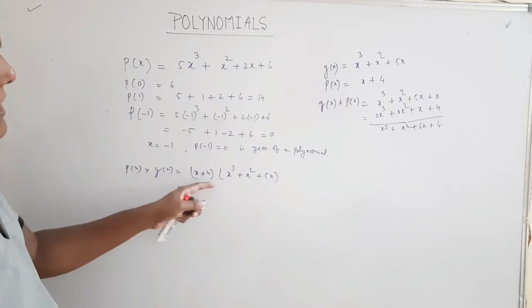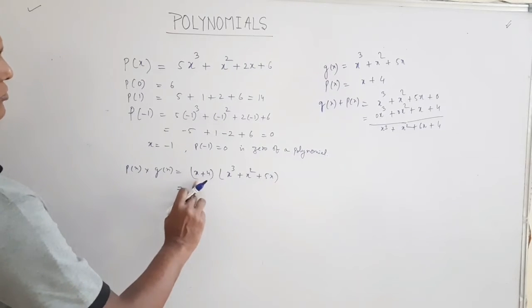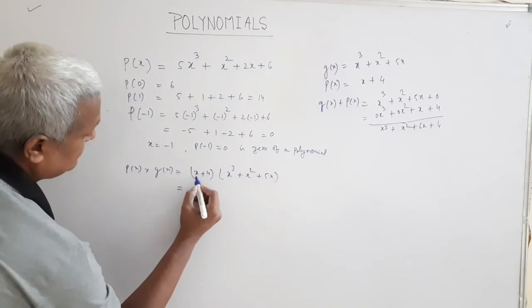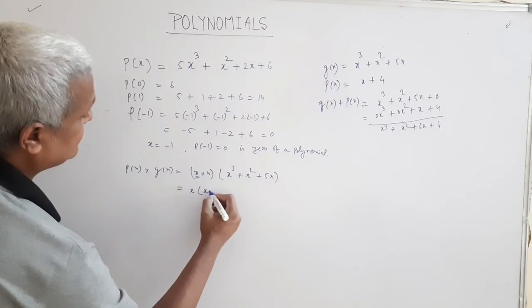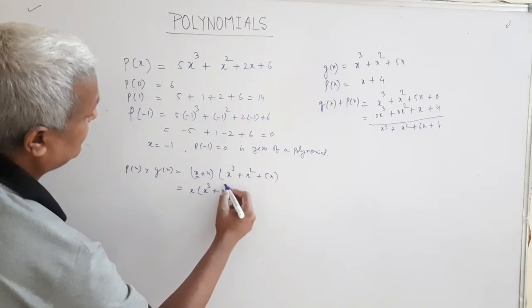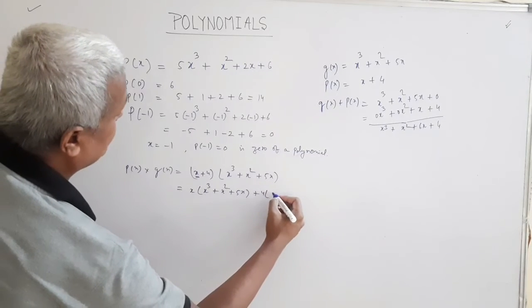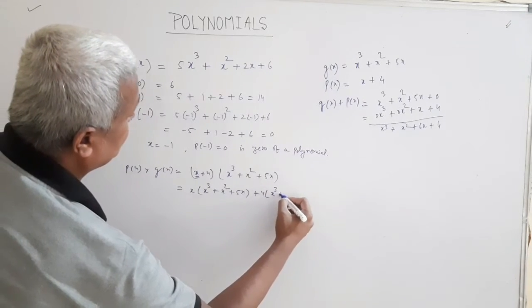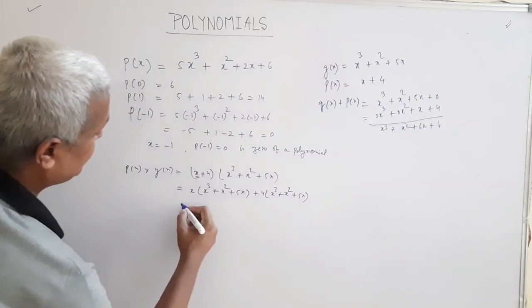So when you multiply a binomial with a trinomial, you better treat this one as two monomials. So first you multiply this x with this whole expression. So this is x cube plus x square plus 5x, plus 4 times x cube plus x square plus 5x.